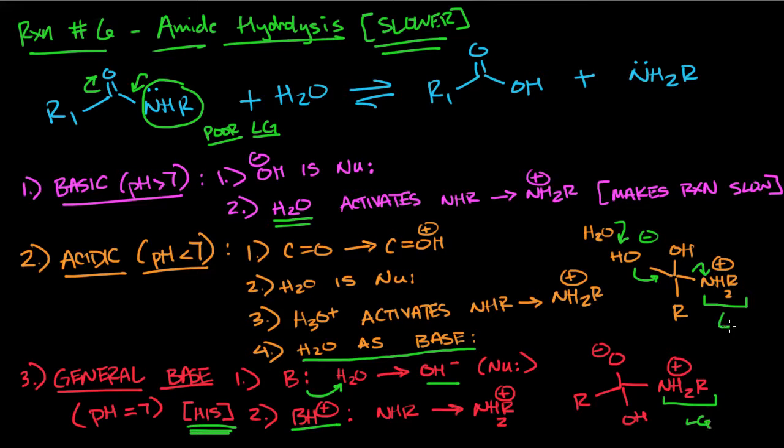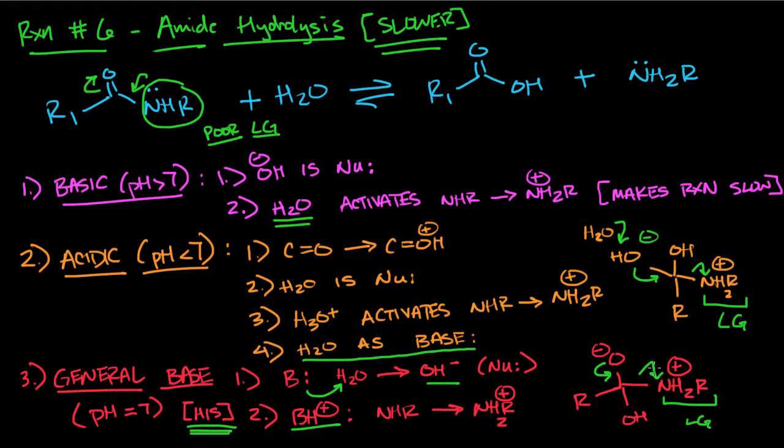We don't need to deprotonate an OH because we are at a pH of 7, so we're not going to have this oxygen protonated like we did with the acidic conditions. So then from there, the negative oxygen is strong enough to push out this leaving group, and boom, you got your amide hydrolysis.